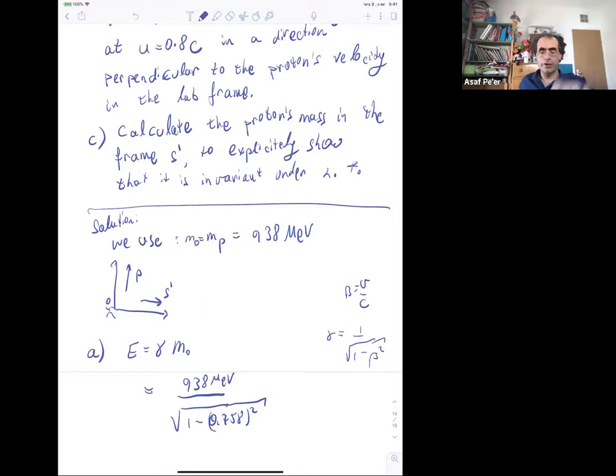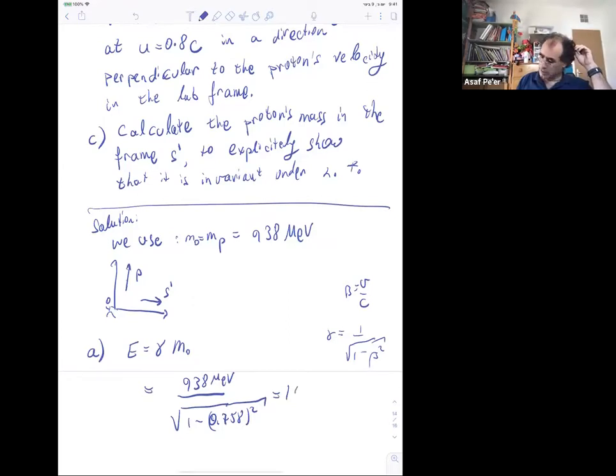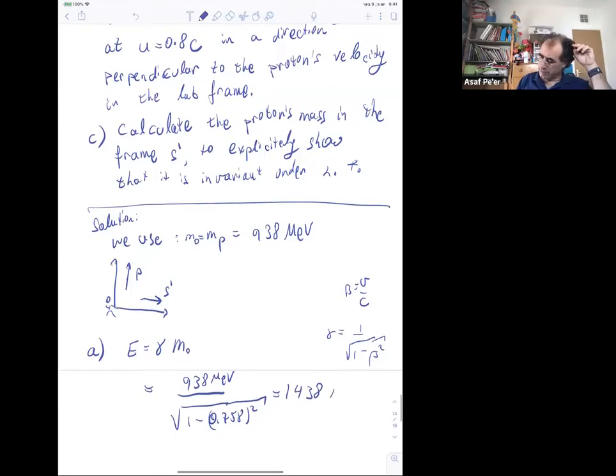You can take your pocket calculator and find out that, if I'm not mistaken, because I did that, fixing a small typo, it's 1,438 MeV. This is the energy that we will measure.